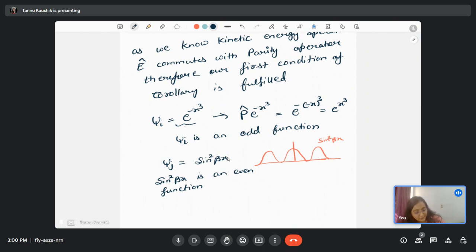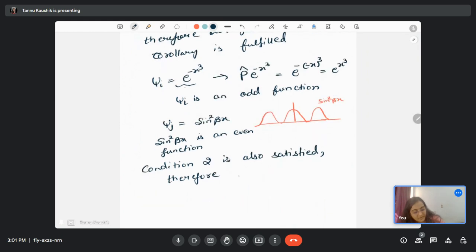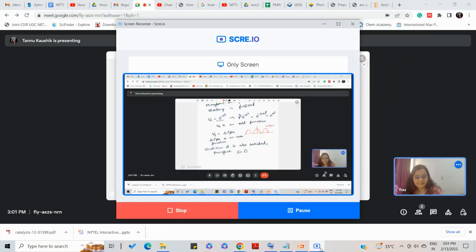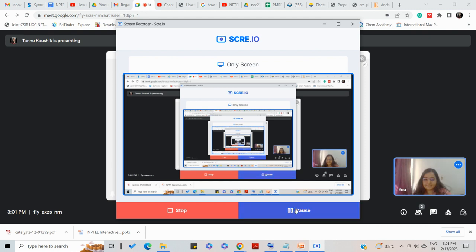So here the second condition, that either of psi I and psi j should be an even function and the other should be an odd function, is also satisfied here, right? Therefore, the transition dipole moment integral is equal to 0.